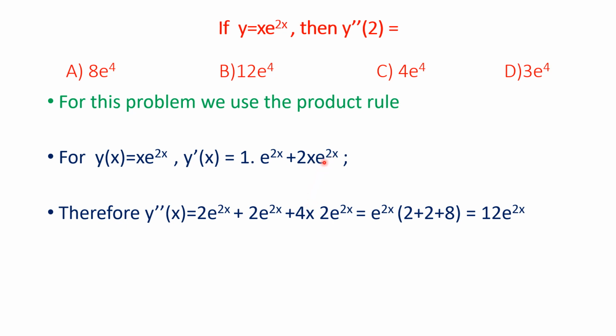That will give us 4x e to the 2x, and this will be equal, if we take e to the 2x as a factor, we will have 2 plus 2 plus 8 inside, so e to the 2x, and then inside we have 12, and that's equal to 12 e to the 2x, and that is the correct answer. And from the options, it will match B.